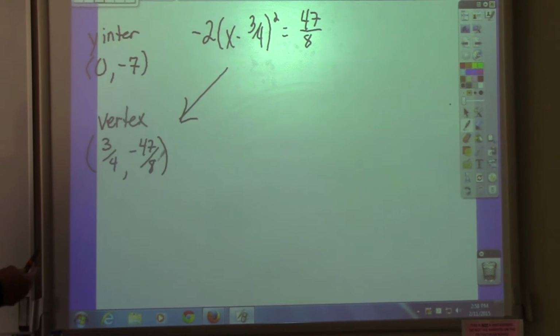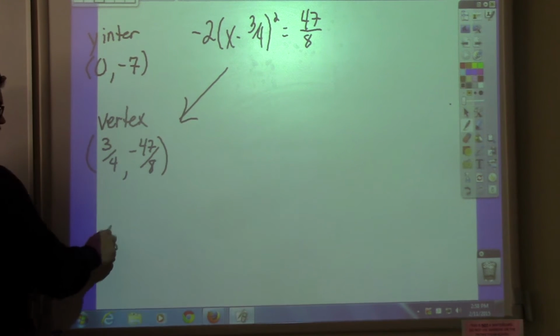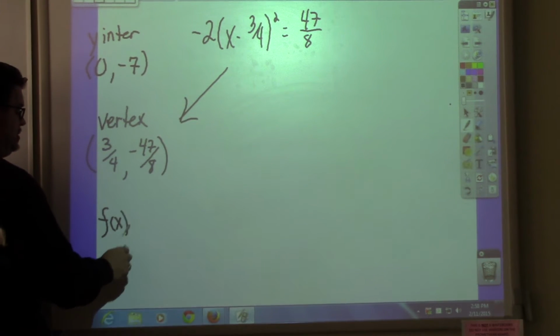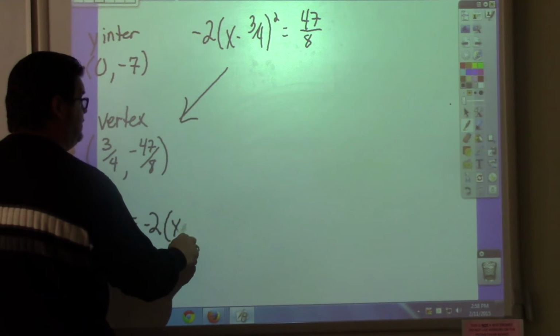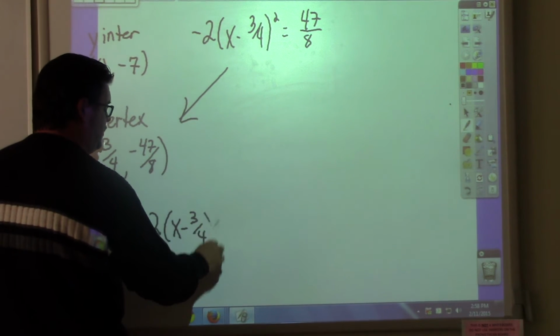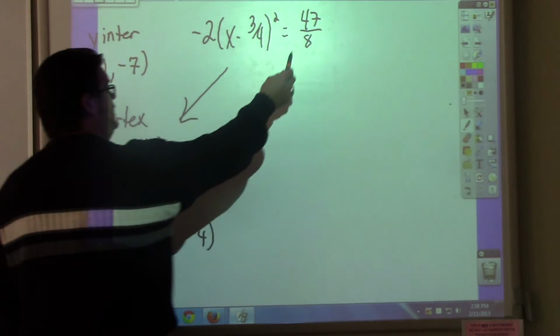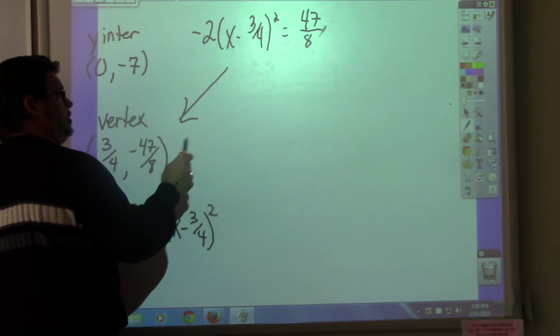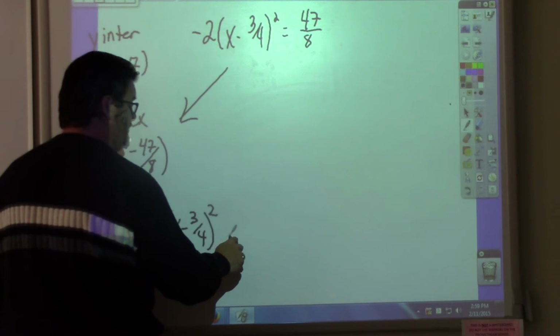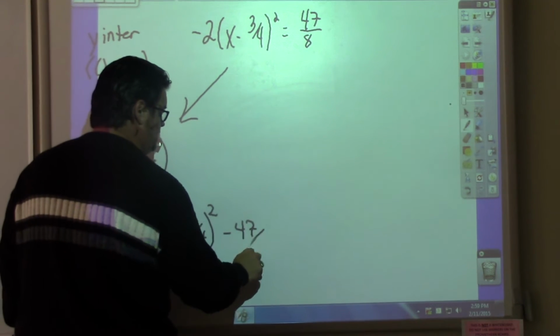If you need the vertex form of this, you put the f of x in front of the whole problem, and then you write it, negative 2 times x minus 3/4 quantity squared. And then what do you do with that positive 47/8? Bring it across, and that would be negative 47/8.